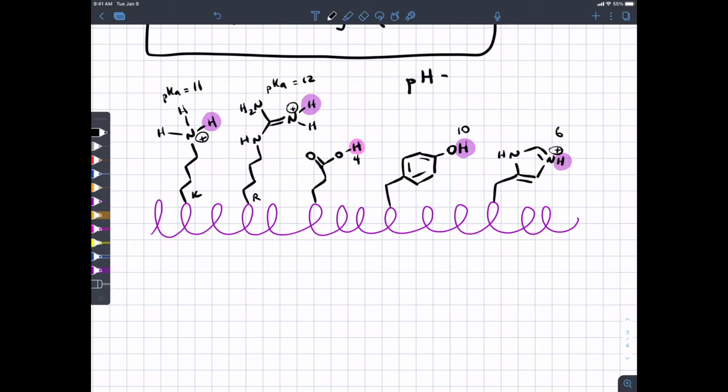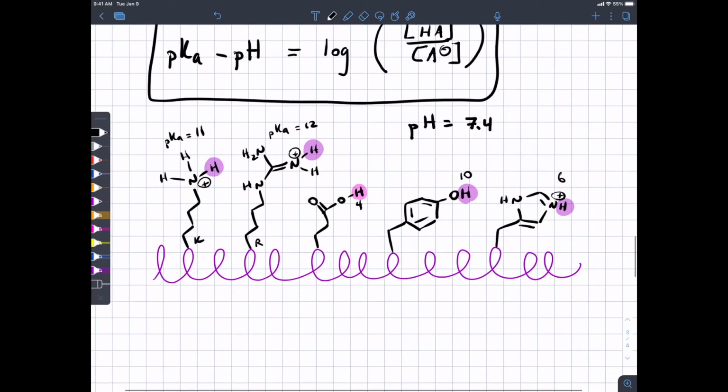Let's suppose we're in the cytoplasm, or in the extracellular matrix, or in the blood, and pH is 7.4. So, starting with the ammonium group, pKa of 11. I'm going to take 11 minus 7.4. Here you don't even have to do subtraction.